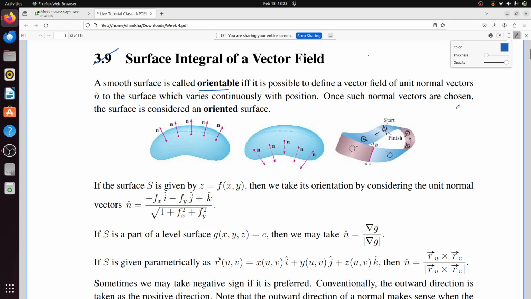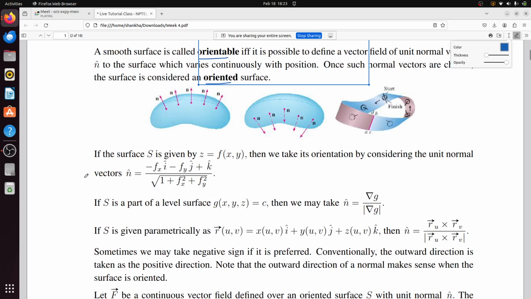Once such normal vectors are chosen, the surface is an orientable surface. So this is an orientable surface, this is also an orientable surface. Where you can suitably define unit vectors, the surface is called an oriented surface.